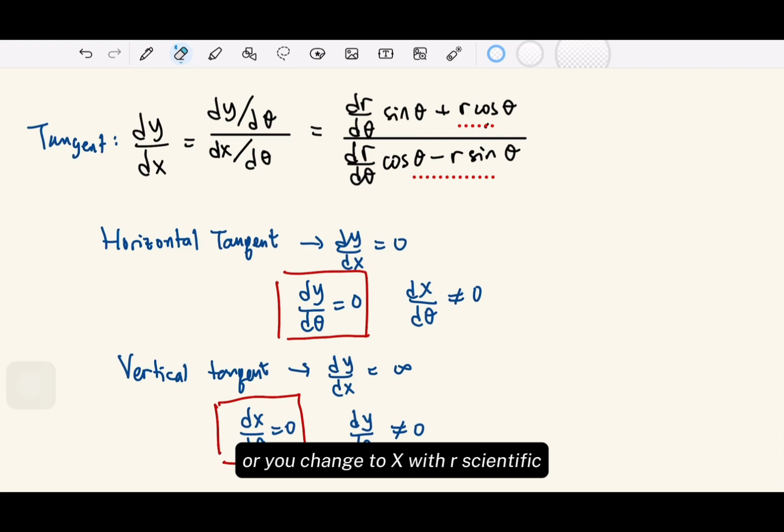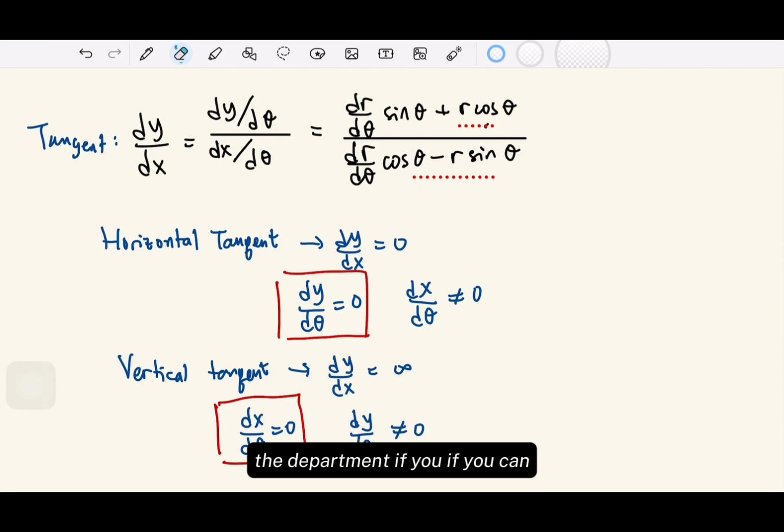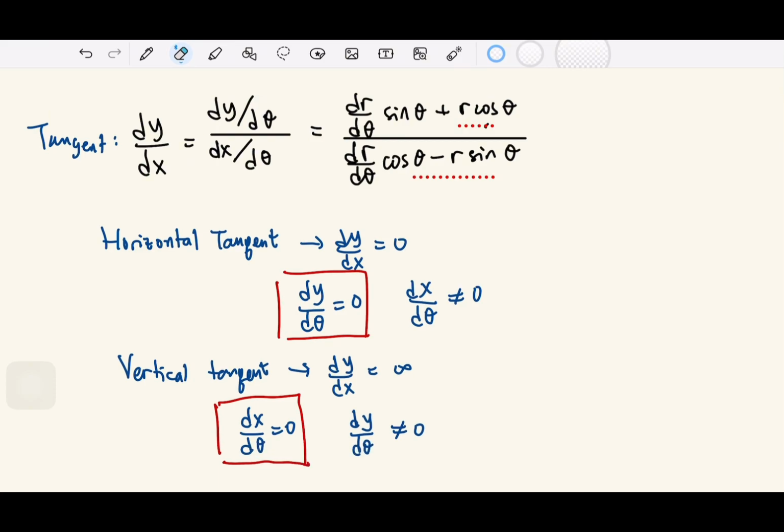Or you change to x as r cosine theta and y as r sine theta, and then basically you can use the parametric if you can. But I think for polar curves, the best way is just use this way. But sometimes if you want to write in more detail, you can also use the parametric. Okay.